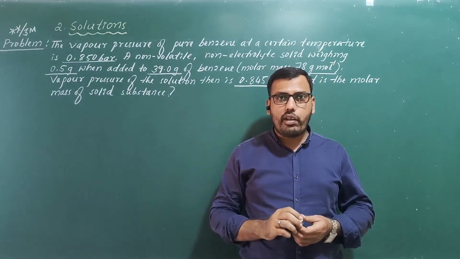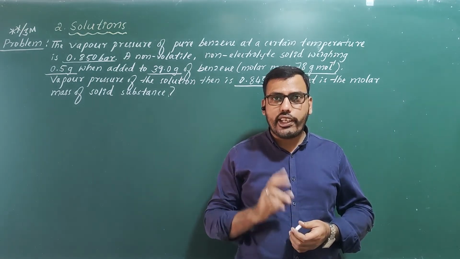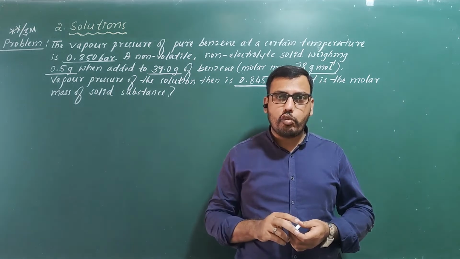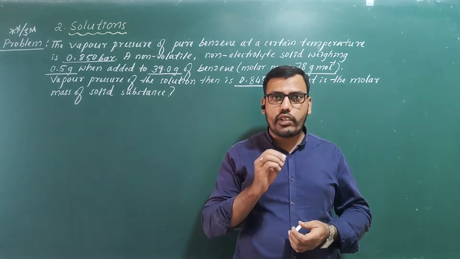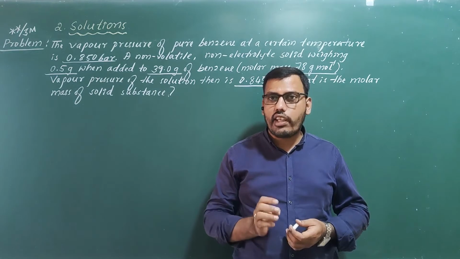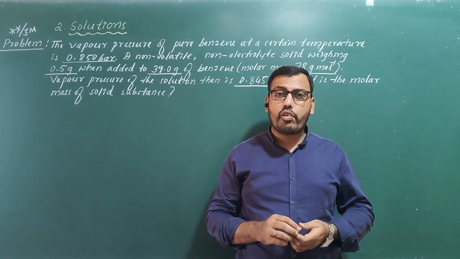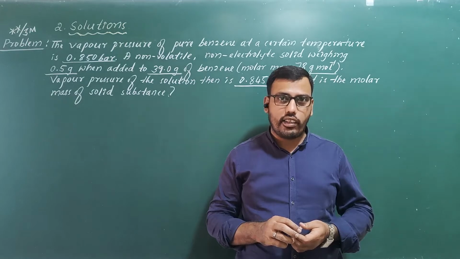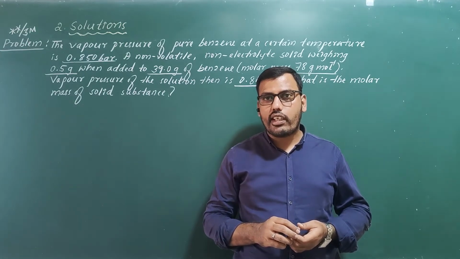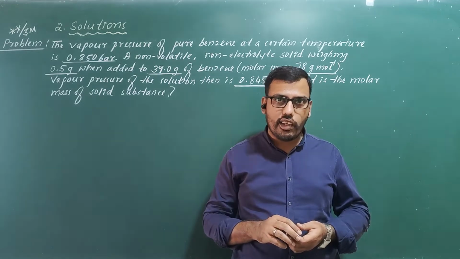To solve the problems in the solution chapter, after reading the problem, it should be very clear to you which one is a solute and which one is a solvent. It is very easy to identify the solute and solvent because we have defined them like this. A component that is present in a very small quantity is a solute, and a component that is present in the largest quantity is a solvent.